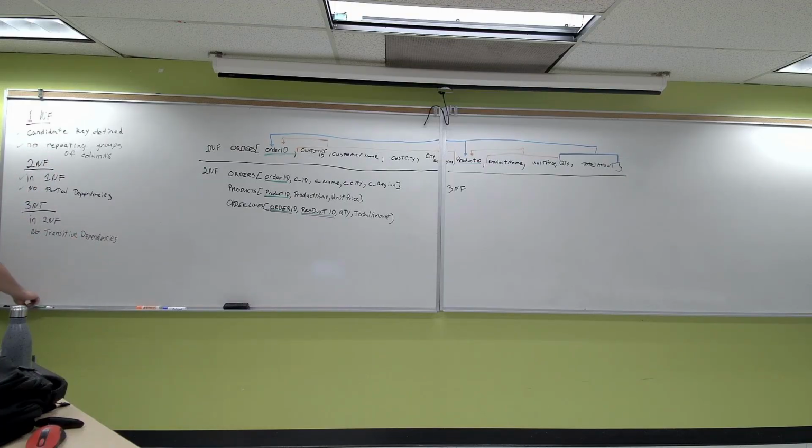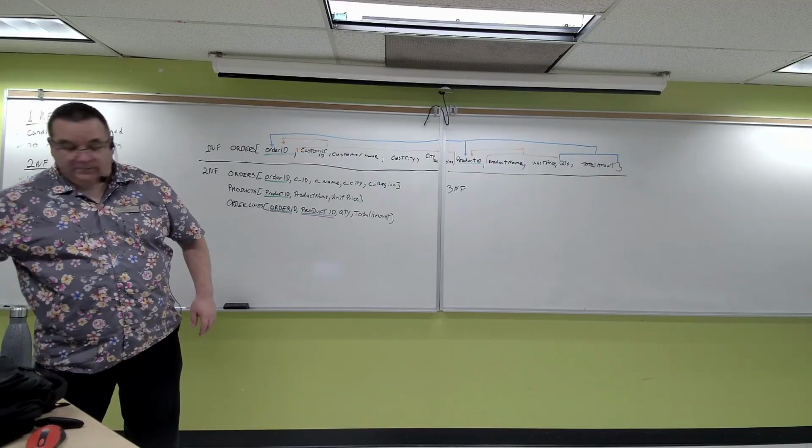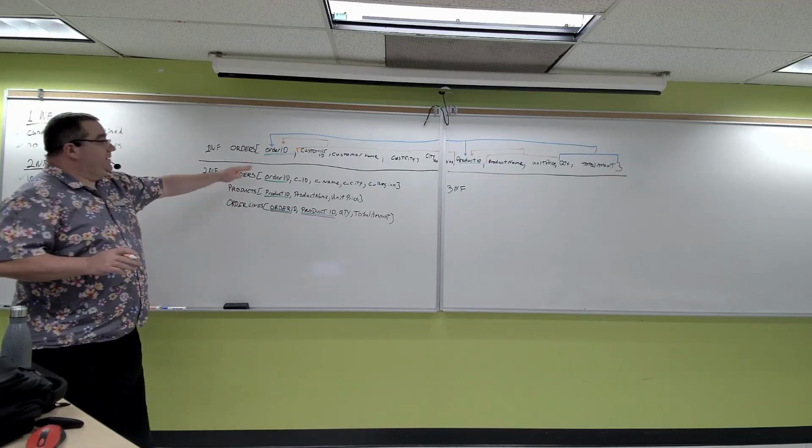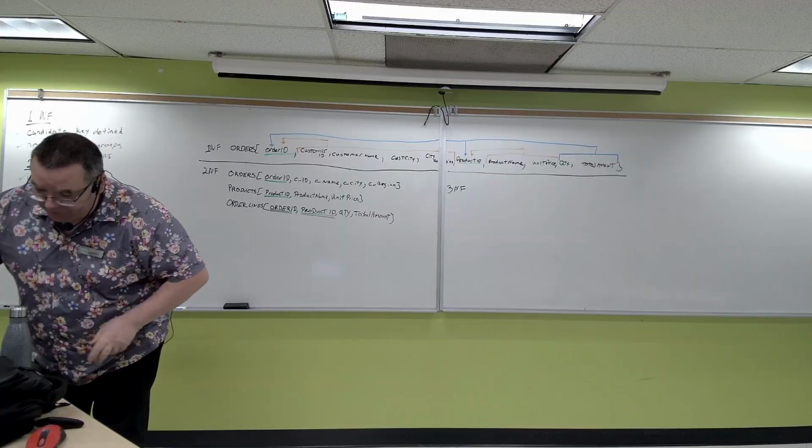Okay, well, we've already reached second NF. That's good. We don't have to think about that again. So when we look at this, no, I don't want to use orange. I've already used orange.